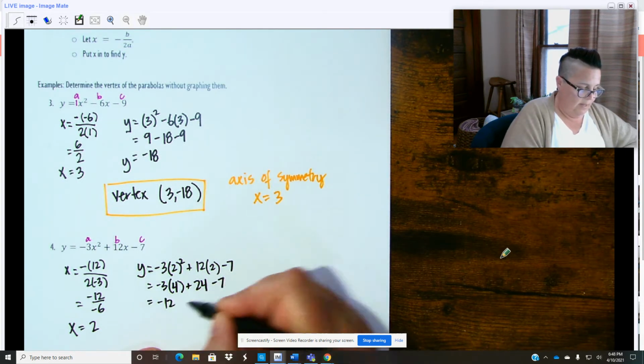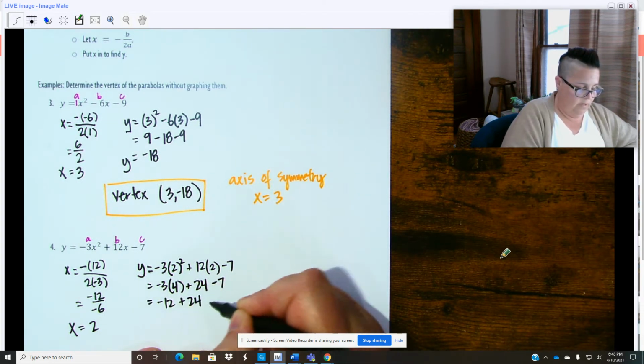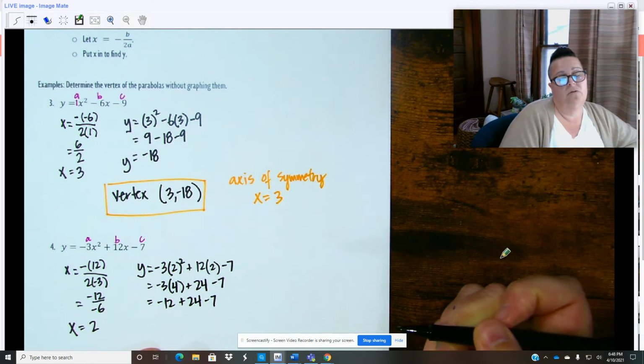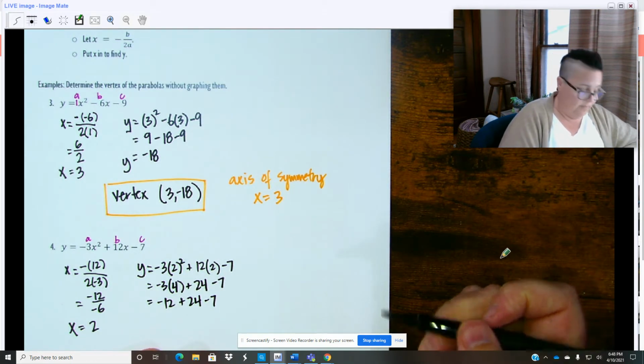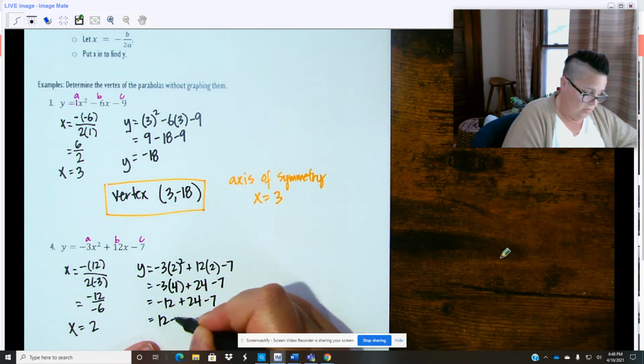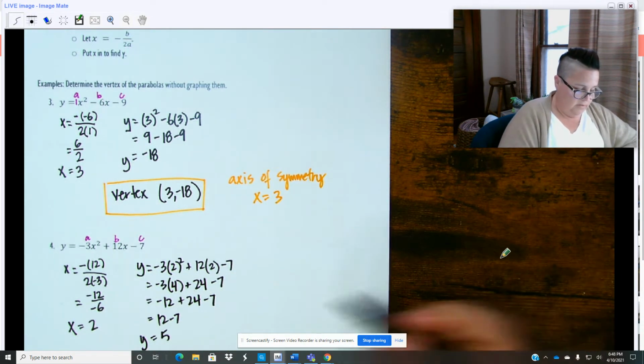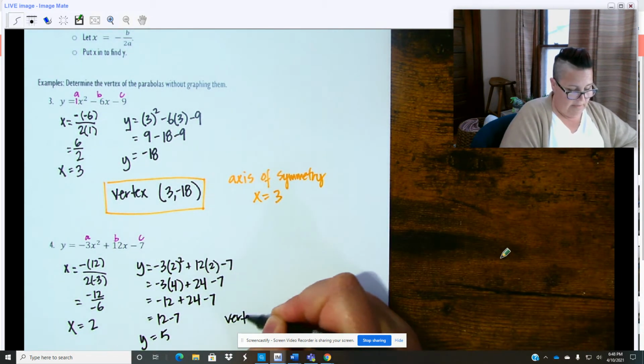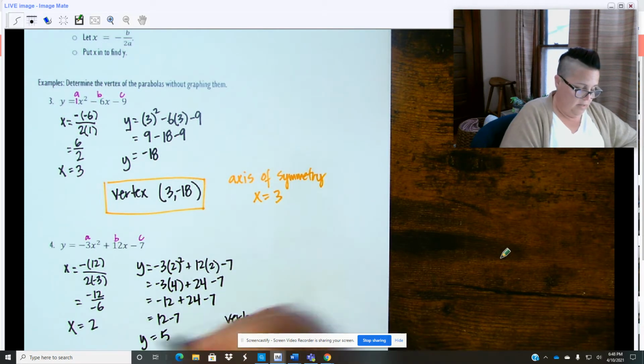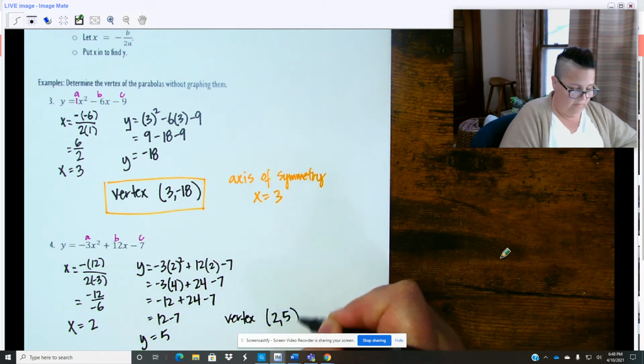It's a negative 12 plus 24 minus 7. What's that going to be? 12 minus 7, which is 5. So y is 5. So my vertex is at the xy of 2, 5.